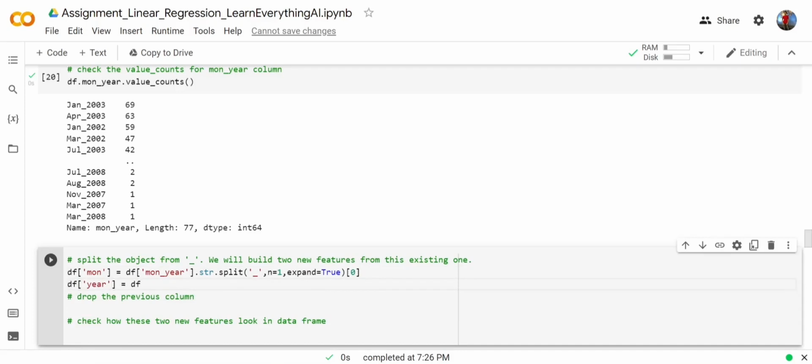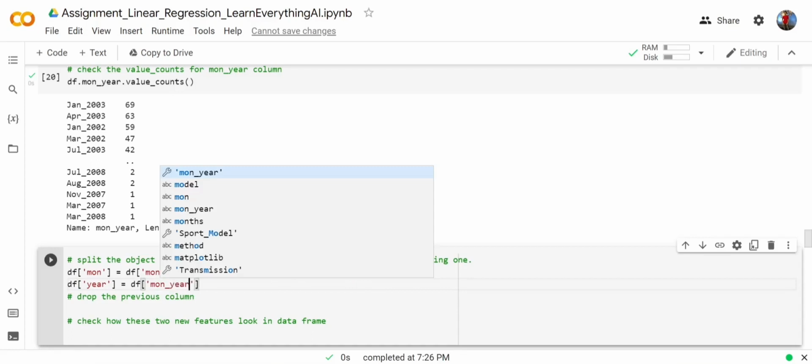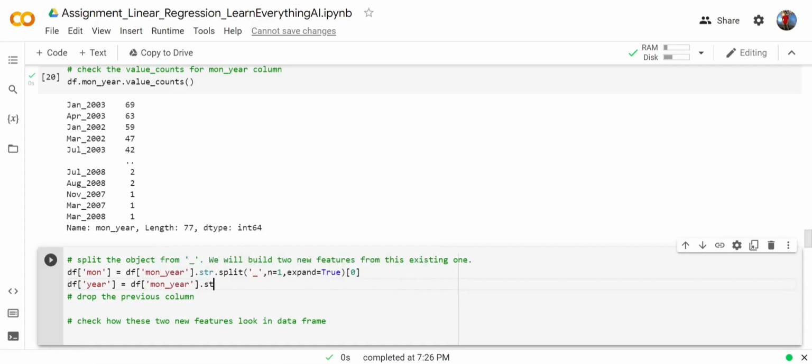If you can recall, we had done something very similar in our exploratory data analysis video where we had split such variables and converted them into more useful features that will help us in predicting and analyzing the data more efficiently.